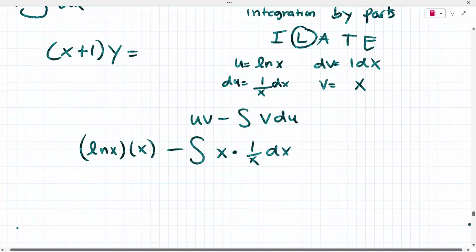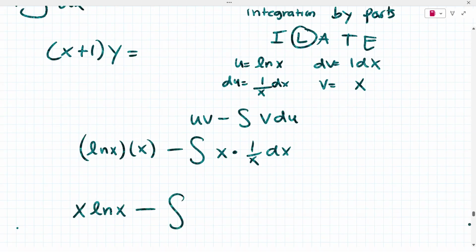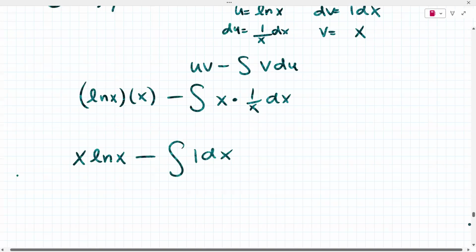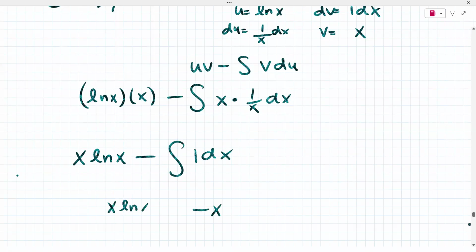So over here, ln of x times x is just x ln of x minus the integration of x times 1 over x, which just becomes 1 dx. And then the integration of 1 is x. And then don't forget the plus c. This is the right, and then the left was x plus 1 times y.